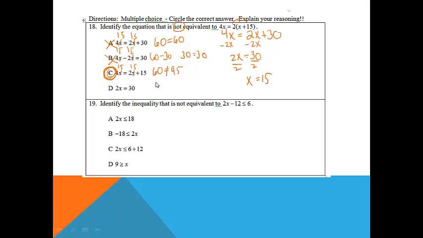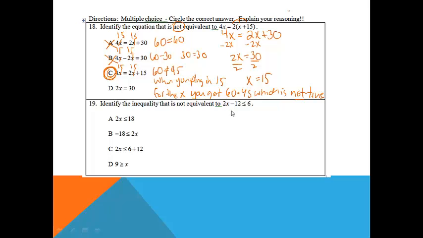Because it said to explain my reasoning, I might say, when you plug in 15 for the x, you get 60 equals 45, which is not true. You might word it a little bit differently, but that will work.